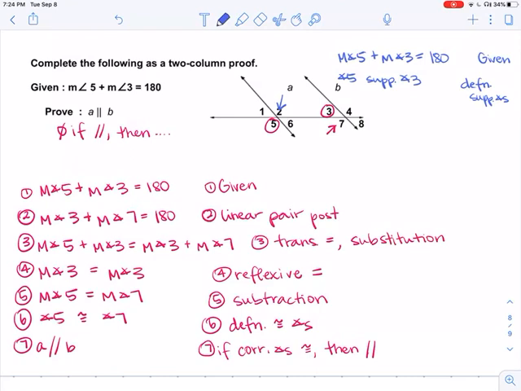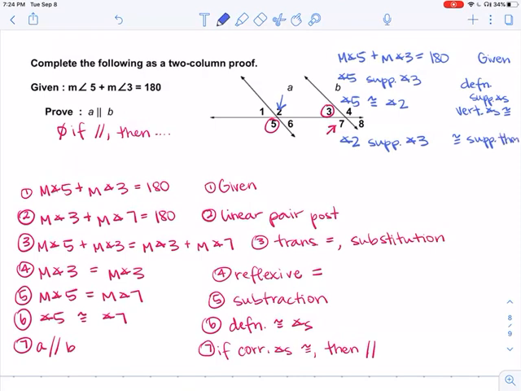And now if I want to bring in 2, I know that 2 and 5 are vertical, so they are congruent. Angle 5 is congruent to angle 2 because vertical angles are congruent. And now what I know is that if 5 is supplementary to 3 and 5 and 2 have the same measure, I know that angle 2 would be supplementary to angle 3, and that would be our congruent supplements theorem.